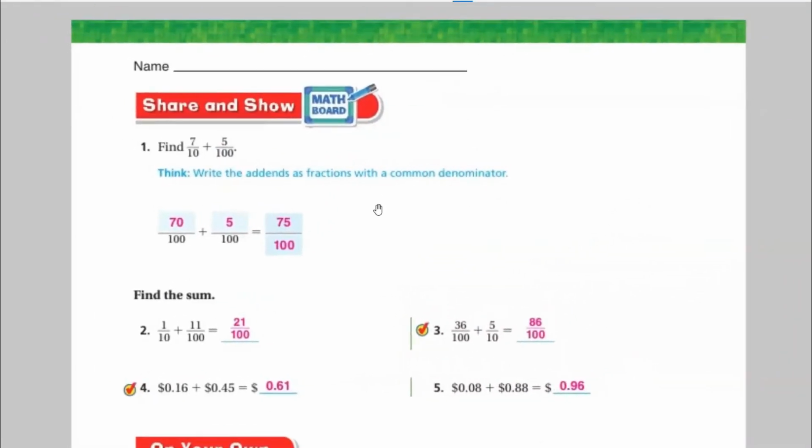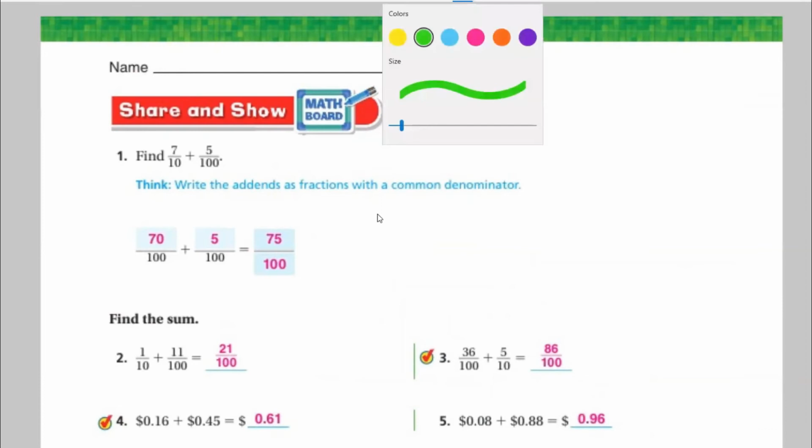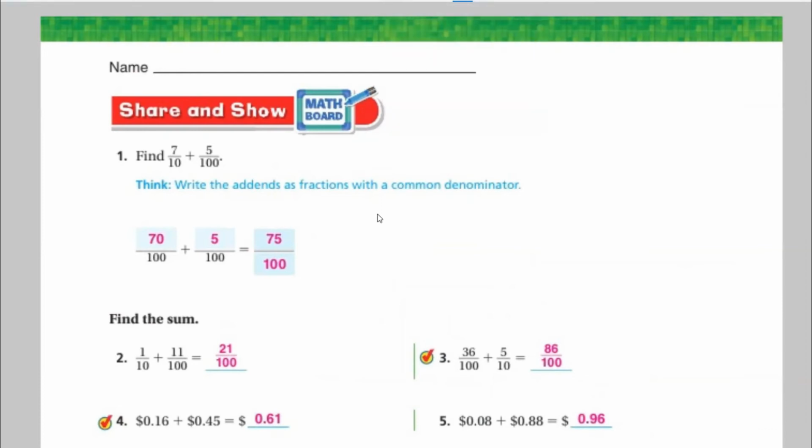Okay, I will ask you for help here, okay? So the first one, Hassan. Hassan, are you there? Yeah, I'm here. Okay, so we have 7 over 10 plus 5 over 100. Do we have the same denominator here?